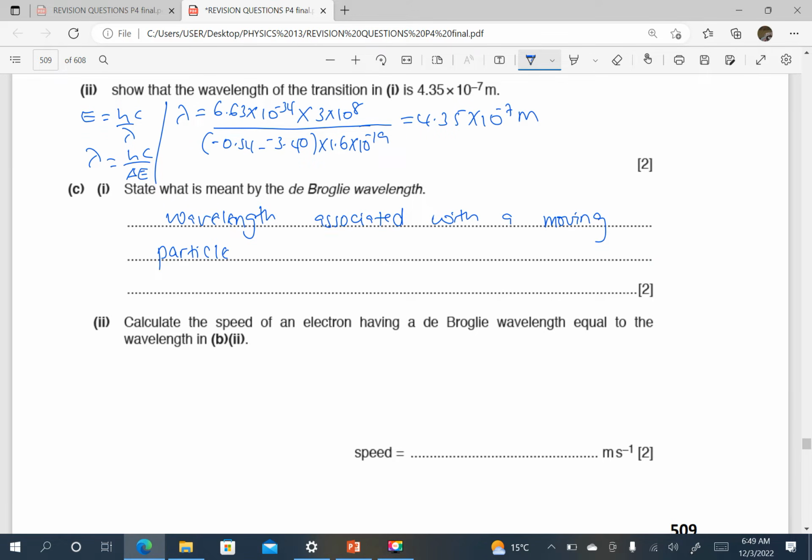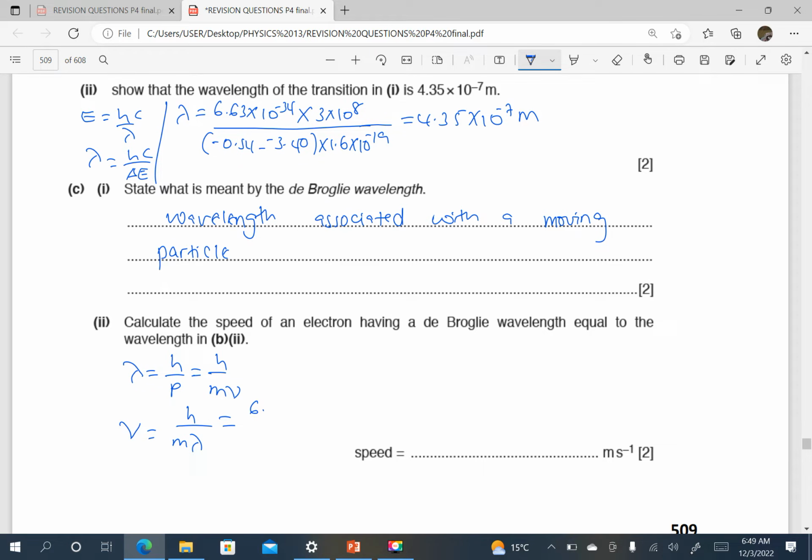Calculate the speed of an electron having a de Broglie wavelength equal to the wavelength in B Roman 2. So first of all, we know that de Broglie wavelength is equal to h over momentum, that is h over mass times velocity. So I make v the subject. v is going to be equal to h divided by m times the de Broglie wavelength.